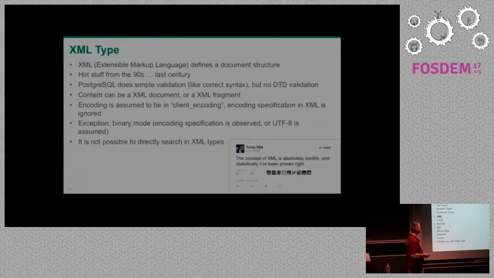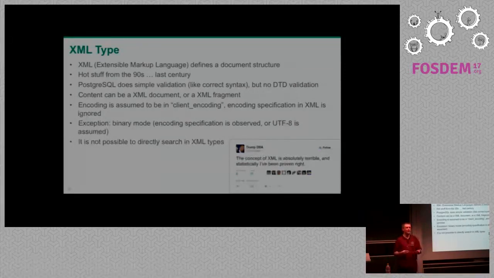Okay, let's move on to some hipster stuff here. Well, XML is no longer hipster. We have JSON for this now. It's actually something from the 90s where you could define and describe a document in a certain structure. And Postgres allows you, if you have compiled in an XML library, to store XML natively in your database and validate if it's a valid structure or not.